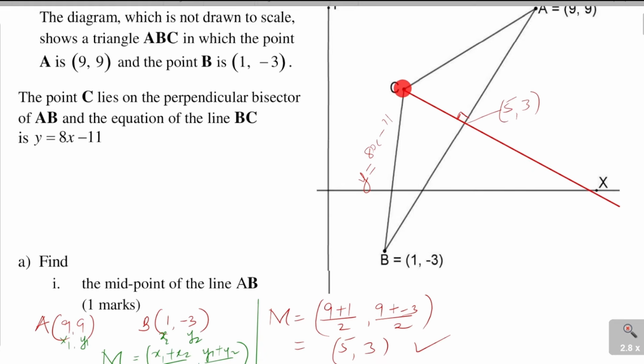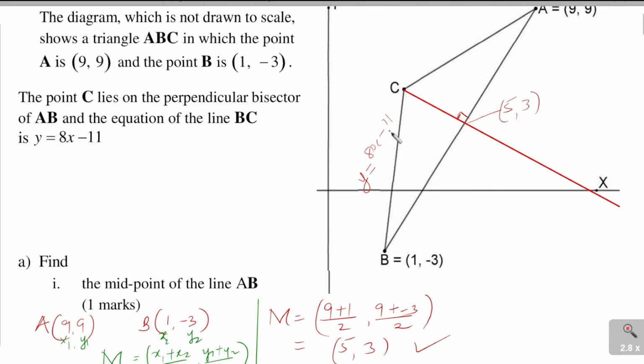You remember how we solve simultaneous equations graphically: we draw the two lines and get the point of intersection. That is where we get the solution, because the point of intersection has the x coordinate and the y coordinate. So once we solve the two equations simultaneously, we'll get x and y, and x and y will give us this point C.